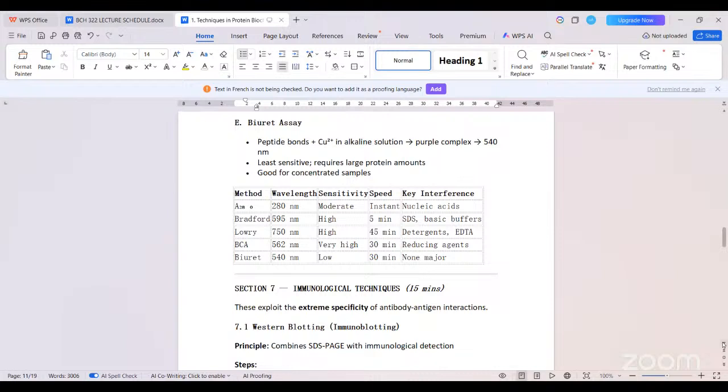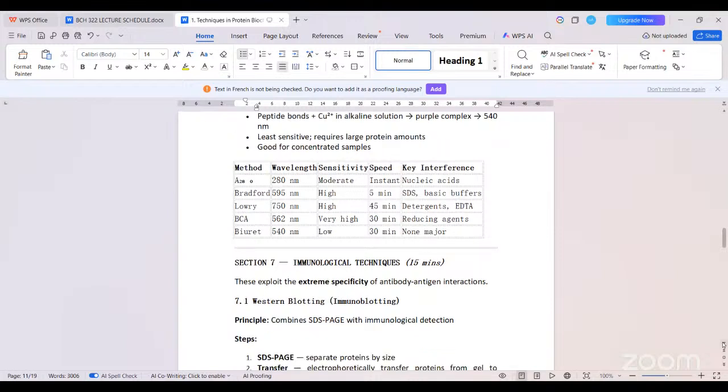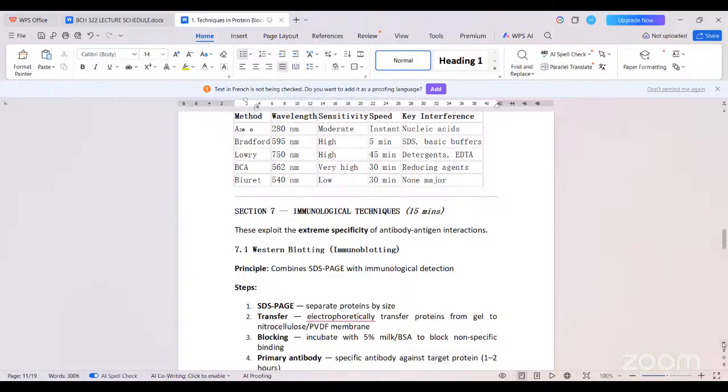Now, there are also immunological techniques. Immunological techniques are techniques that are used when you really want to know the exact, specific protein present. And that's why they are used for antigen-antibody interactions. So the first immunological technique is the Western blot. This combines SDS-PAGE with immunological detection.